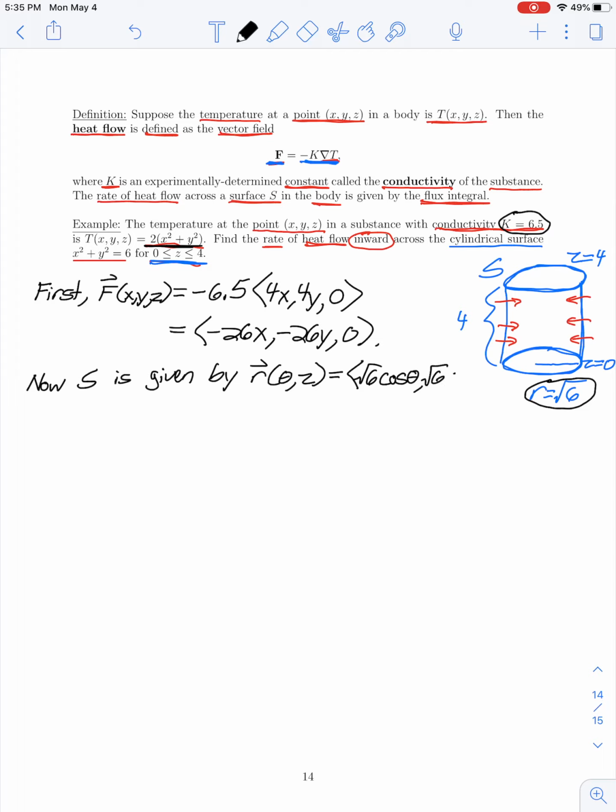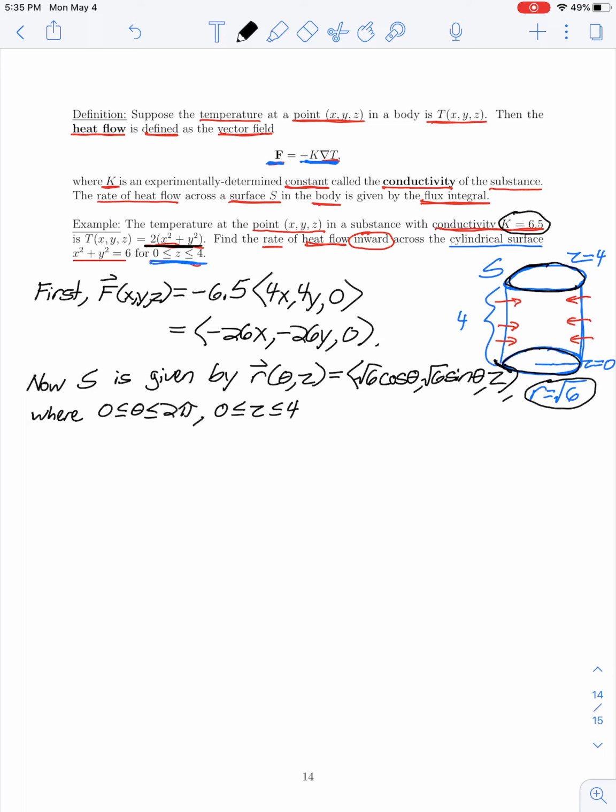Y is given by root 6 sine of theta. And z in cylindrical coordinates is just given by z. And here the range of our parameter values would be where theta ranges from 0 to 2 pi, since we're talking about a full revolution around our cylinder. And z would range from 0 to 4.